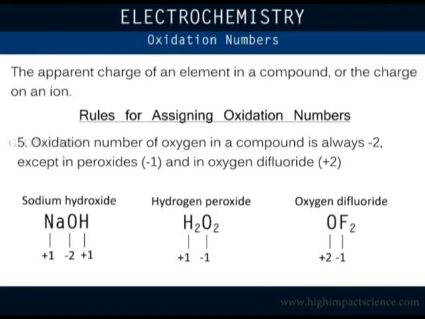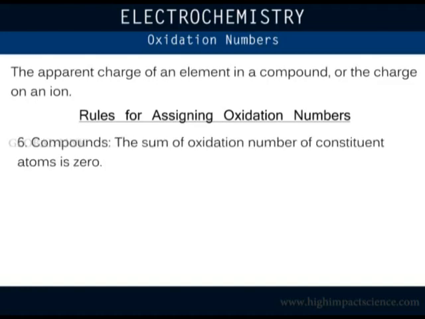Number 6, in compounds, the sum of the oxidation numbers of all constituent atoms is equal to 0. Take for example sodium carbonate. In this compound, there are 2 sodium atoms, 1 carbon atom, and 3 oxygen atoms.